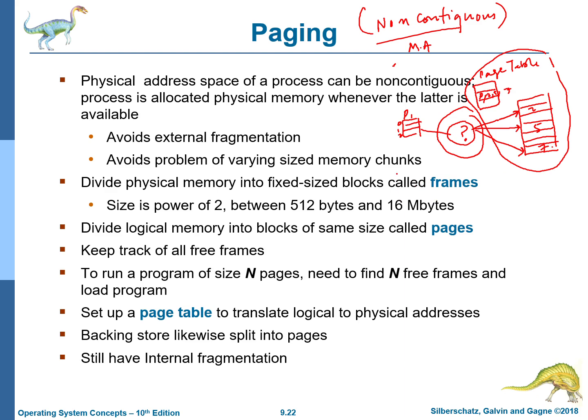Now when an address comes from the CPU, we divide logical memory into blocks of the same size called pages. We have two things actually, pages and frames.